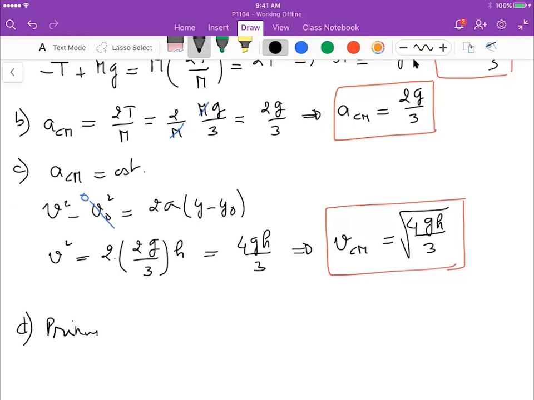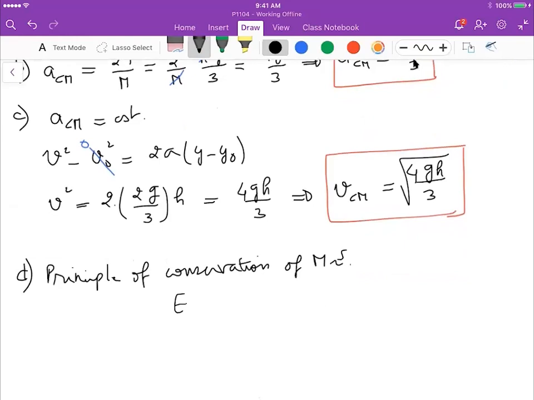So if you apply the principle of conservation of mechanical energy, we can write down that the mechanical energy at time t initial is equal to the mechanical energy at time t final, where t initial and t final are defined by the initial position of the disk when it was released from rest, and the final moment is defined by the time when the disk was at distance h from its initial position downward. So we can write down K initial plus U initial is equal to K final plus U final.